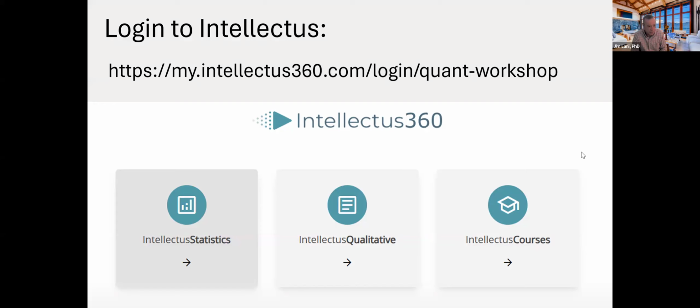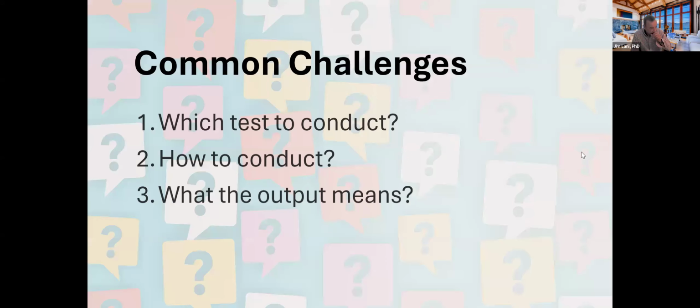All righty. So let me just make a few comments about common challenges. I think as Sharon has said, figuring out what test to use is very challenging. Typically, we talk about what tests do, but not how to select the test. So let's talk about that for a second.